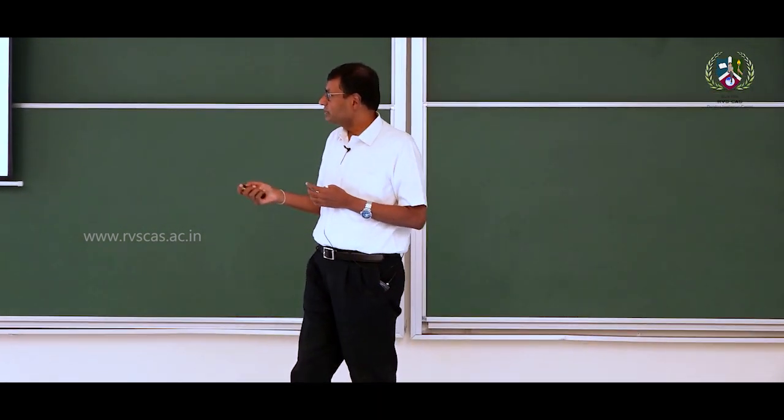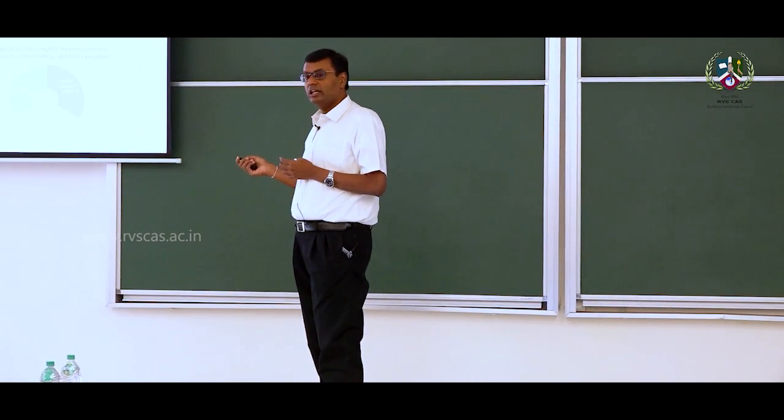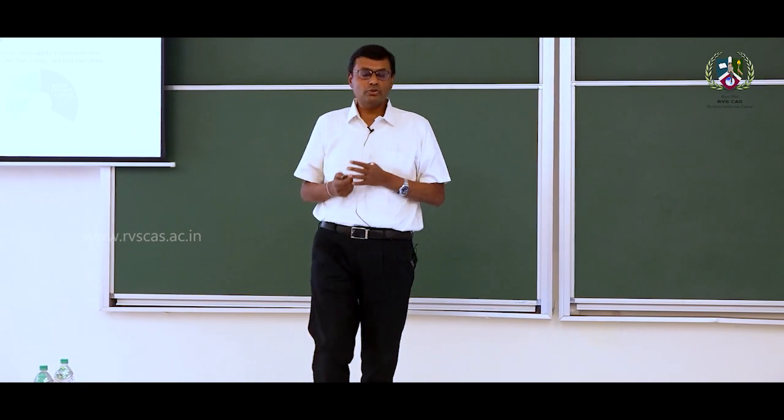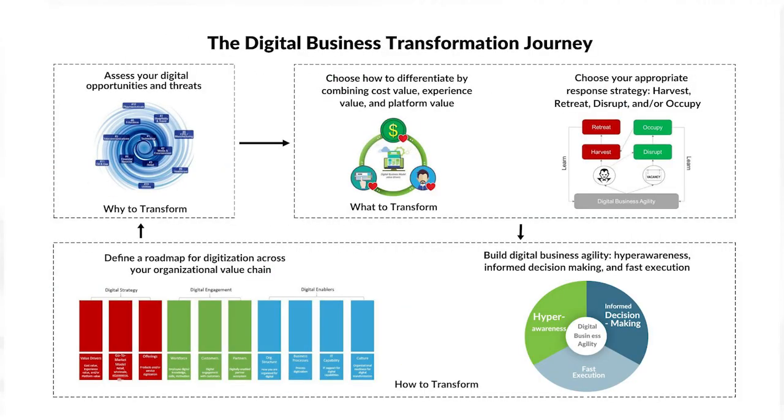There we will see what they did to transform themselves so that they can compete effectively going forward. This is why to transform, what to transform, and finally how to transform. These are the three things that we'll be referring to during the case study.